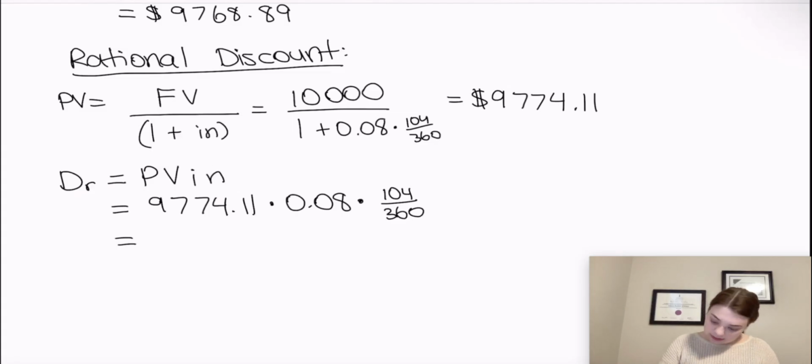All right, so that is going to be times 0.08 times 104 over 360. Okay, so that is going to be $225.19. So there we go.